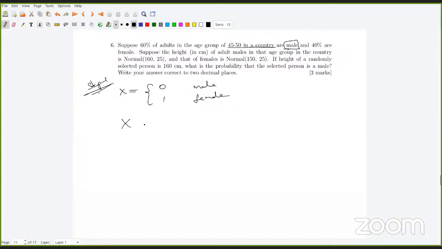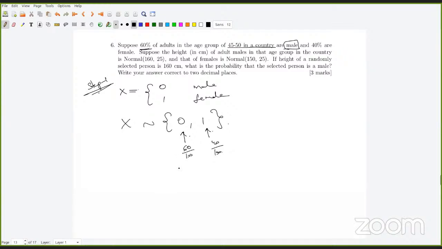Now we know that x is actually a Bernoulli. 60% of adults in that age group are male, so it is 60 by 100, 0.6, and 40 by 100, which is 0.4.